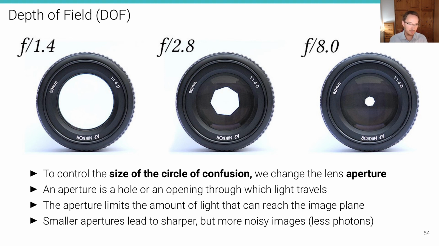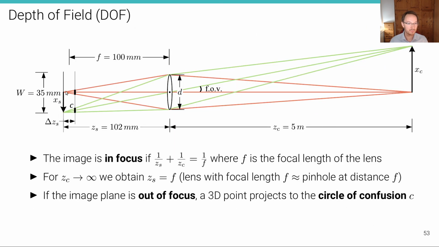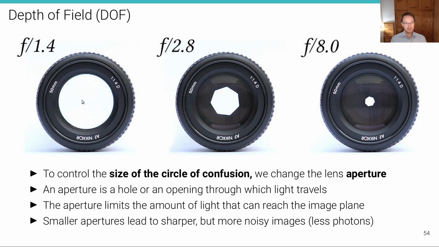So if you close the aperture, then of course you limit the circle of confusion by limiting the size of the circle where the ray can actually pass through, but you also let less photons pass and you need longer shutter times. So the aperture limits the amount of light that can reach the image plane, and smaller apertures lead to sharper but more noisy images.